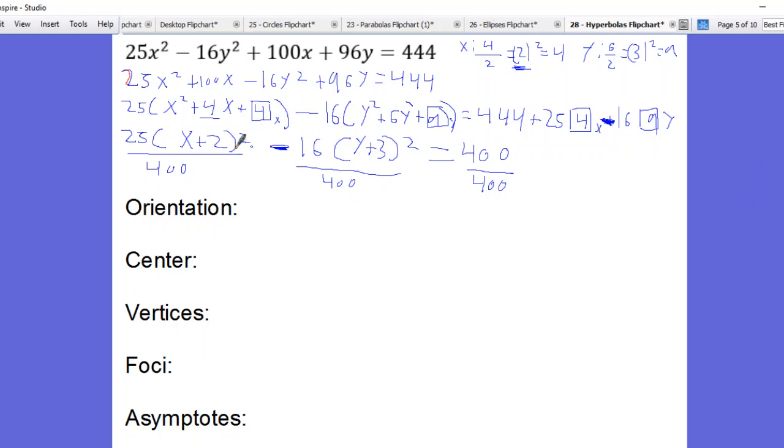25 divided by 400, well, 25 times 4 is 100, so 25 times 16 is 400.